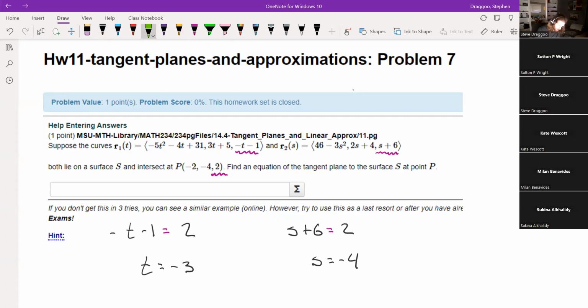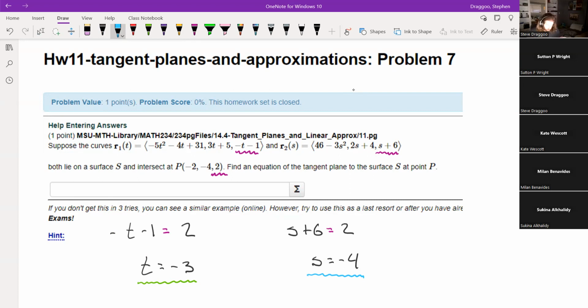I'm going to highlight those two pieces because I'll need them later on. You can verify that the T value and S value are correct by plugging each of them in and seeing that you get negative 2 for 2 in both equations. But we only needed to solve a single component to figure out what S and T are.